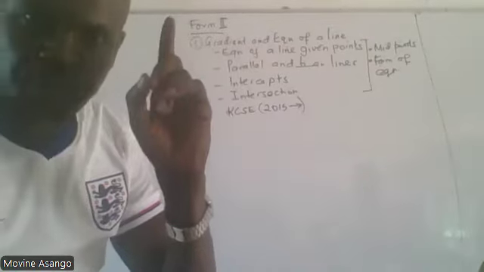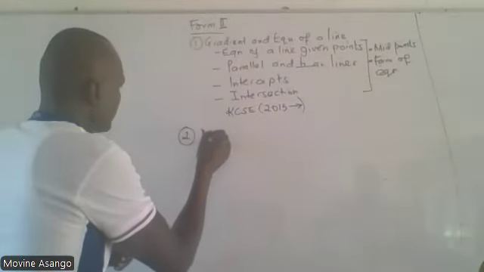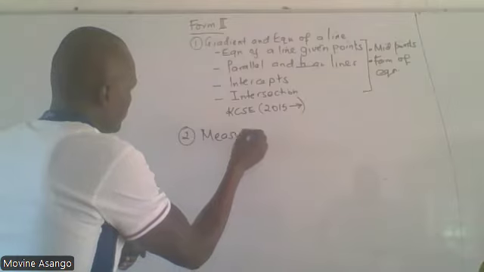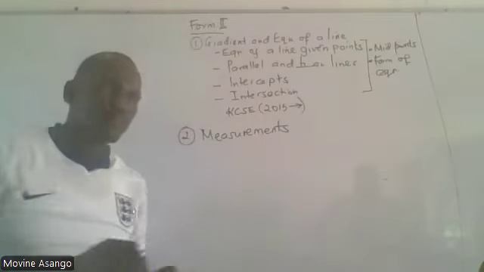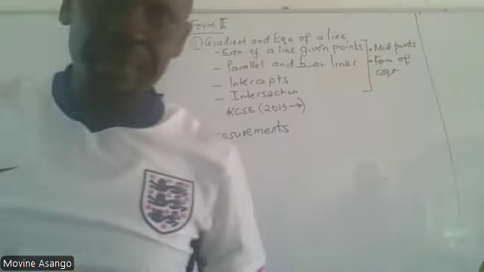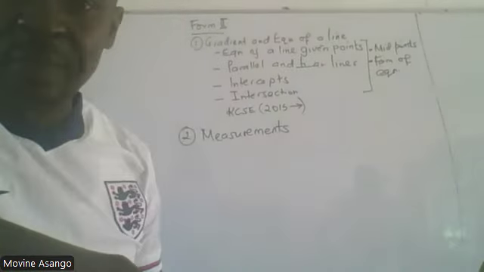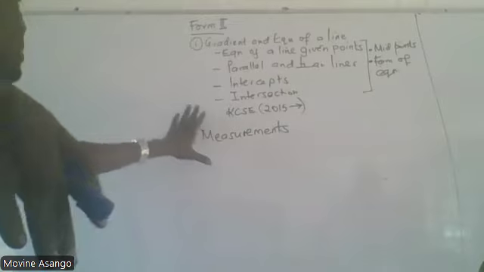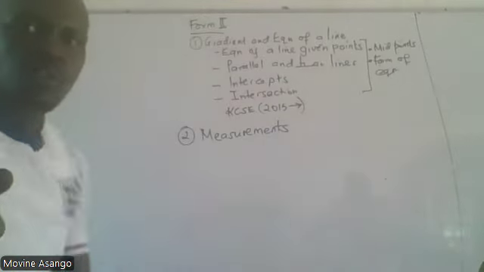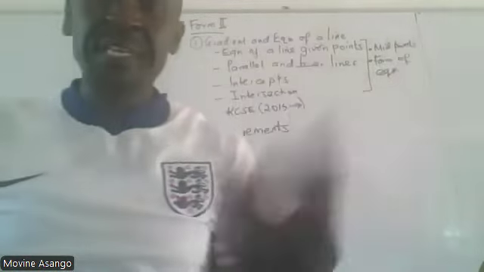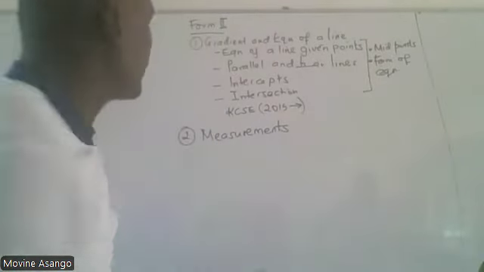Number 2, measurements. I told you there are 7. When you talk about measurements in reference to Form 2 work, we are talking about volume and surface area of solids which have got conical components.